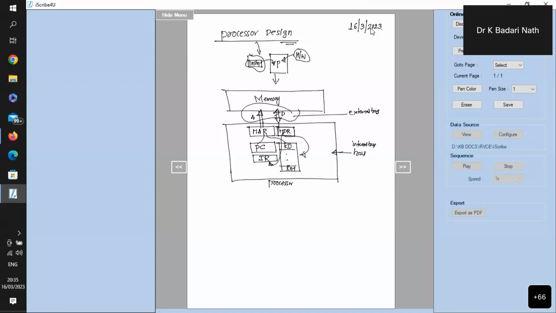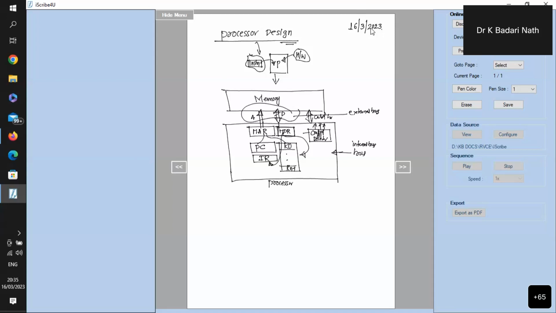The instruction register holds the instruction once it gets into the processor, and it gives all the information to the control and decoding circuits, which generate a lot of signals inside and outside. We also have a bus called the control bus, which contains read, write, memory function complete, all those signals generated by the control decoding circuit.